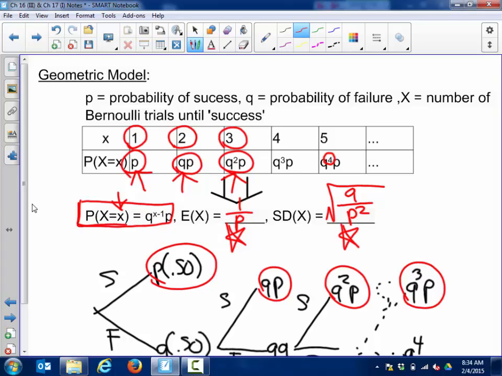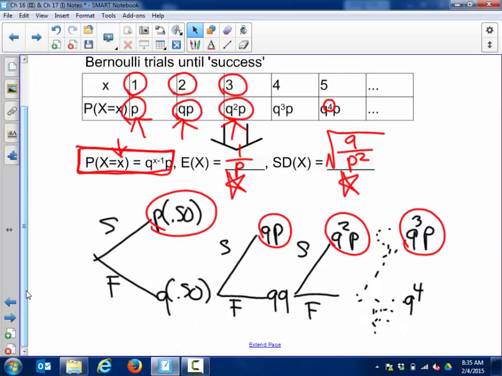Well, that's what the equation does. So this equation right here is a more concise version of the table-based probability model we've used in the past, and it's a more concise version of the probability model represented in your tree diagram. So it's okay for someone to give you a probability model that is an equation.